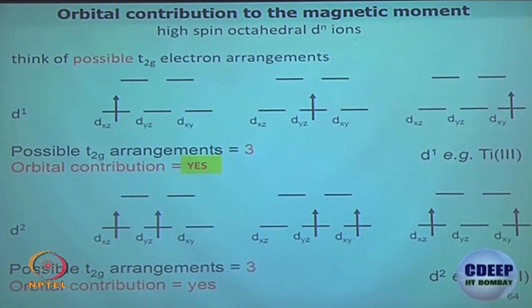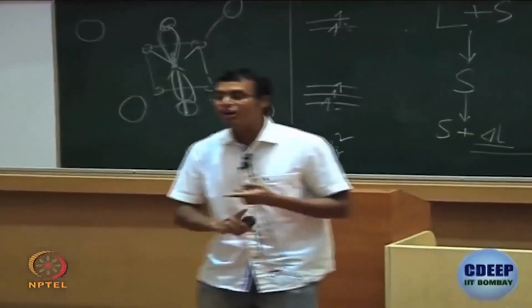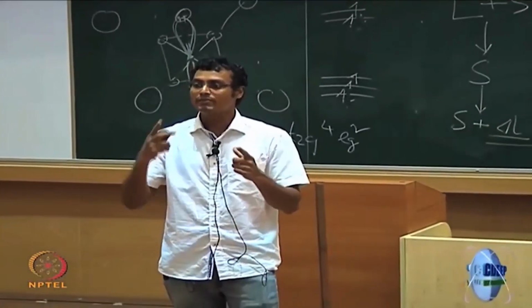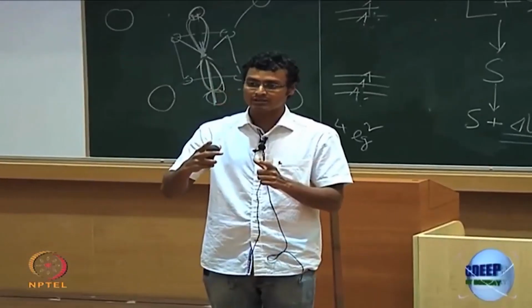Because see, if it is fixed in an orbital, of course your ligand electrons and these ligand orbitals overlapping with the d orbitals will be restricting the rotation.